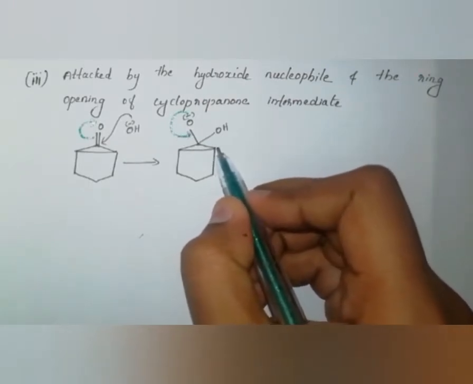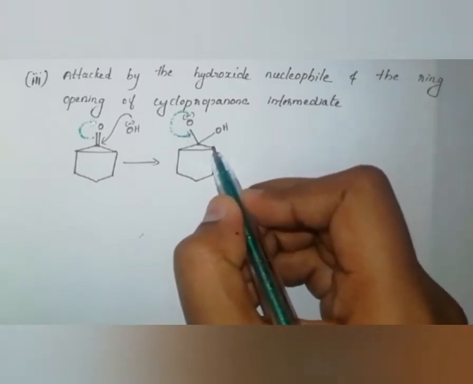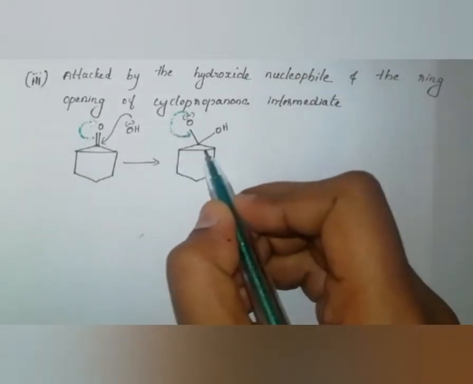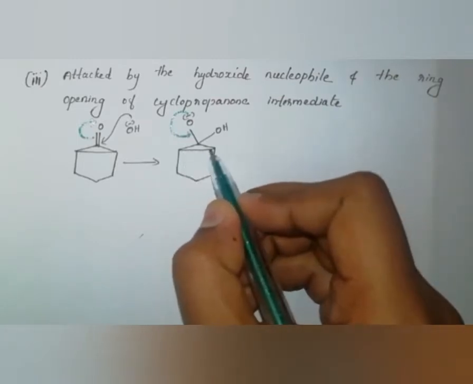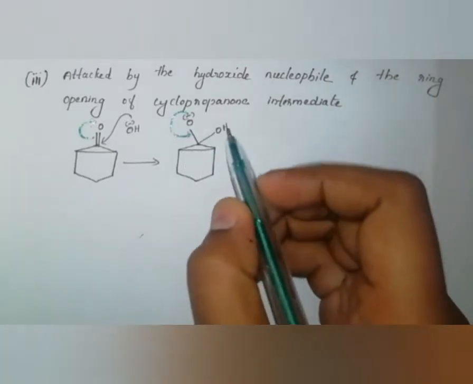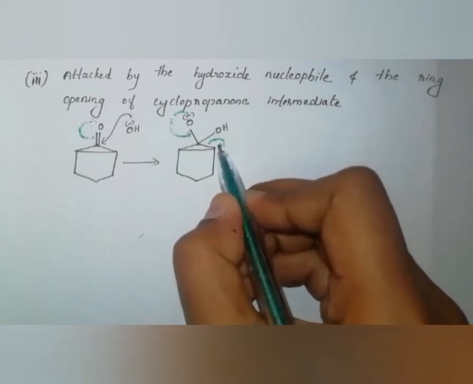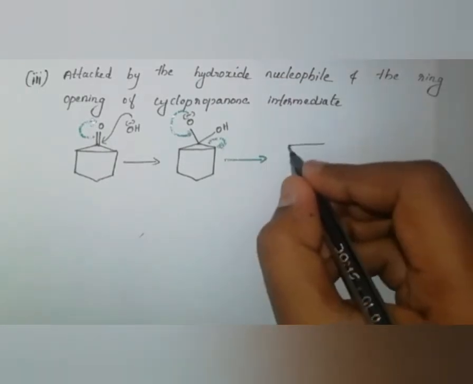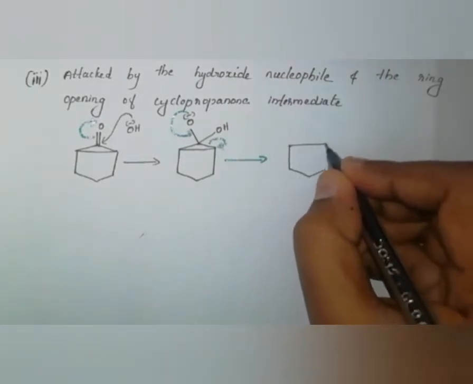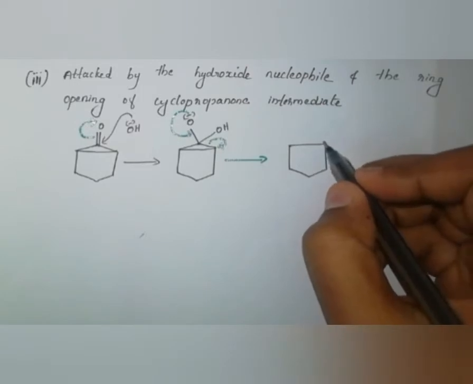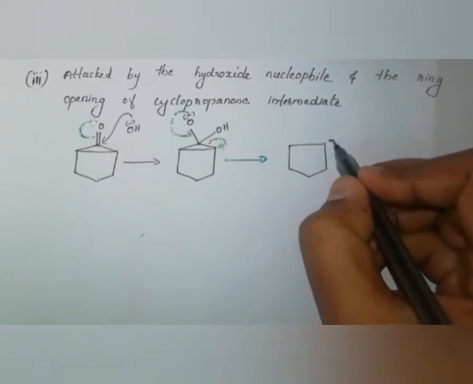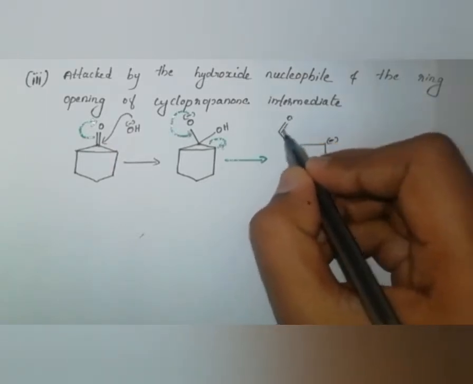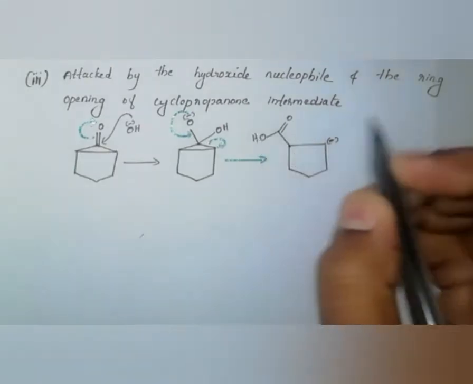Here we can see that on both sides there are no substituents, so the carbanion that is formed in this bond shift is the same in both cases. If this bond is shifted, this becomes a lone pair of electrons, and this is C double bond OH.